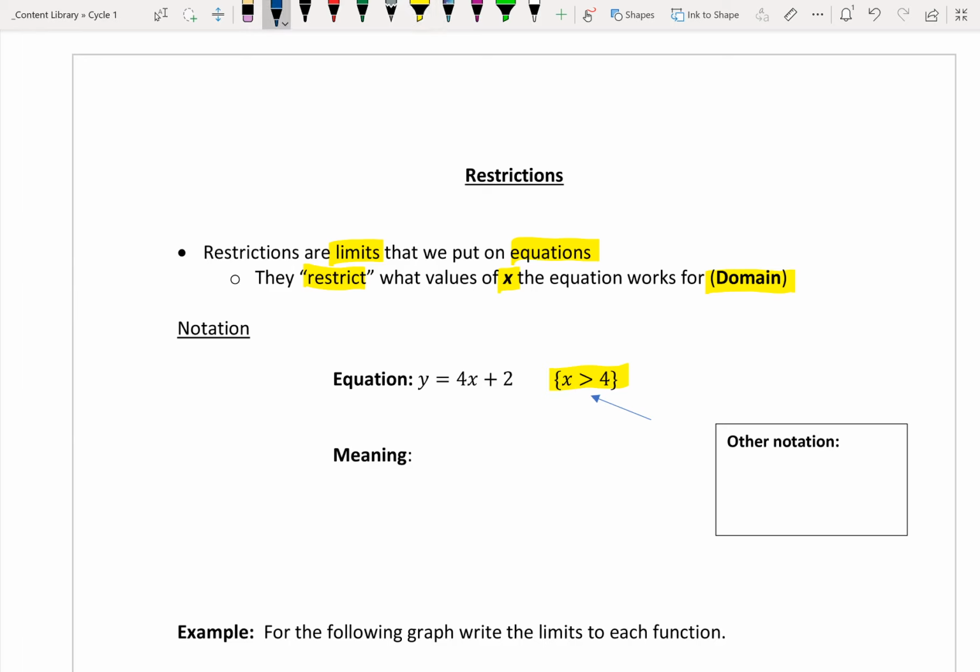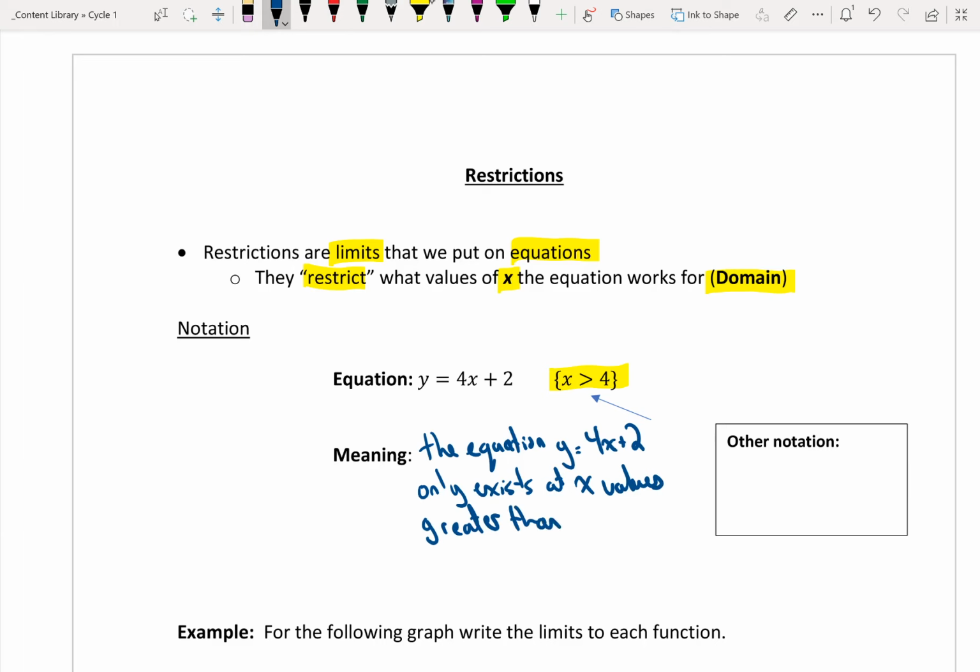And the meaning of this is that the equation y equals 4x plus 2 only exists at x values greater than 4. So if I look at x values less than 4, I should not see this equation, or I should not see a line or anything on the graph.